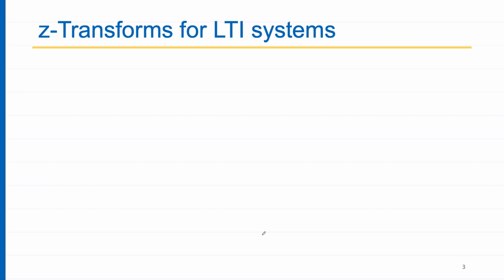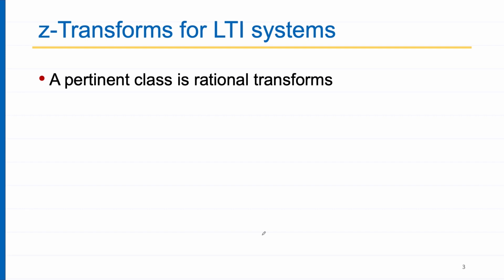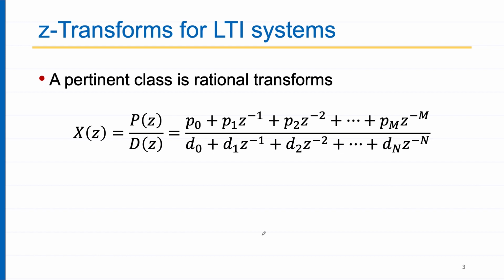Now let's come back to rational Z transforms. So Z transforms for LTI systems, and one very pertinent class is rational transforms. Let's say X(z) is a rational function of z, meaning it has a numerator which is a polynomial in z, and the denominator is also a polynomial in z.